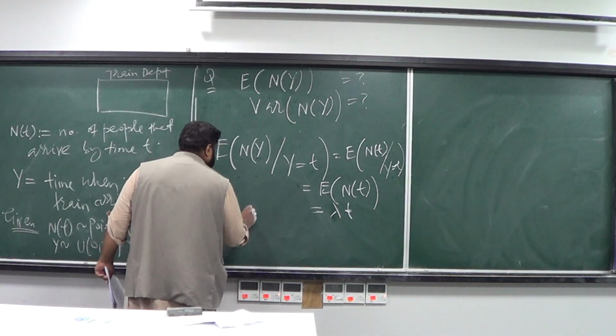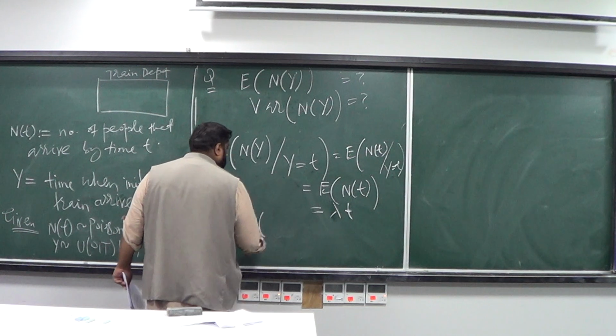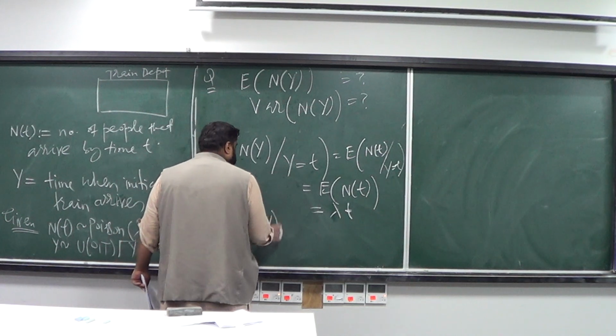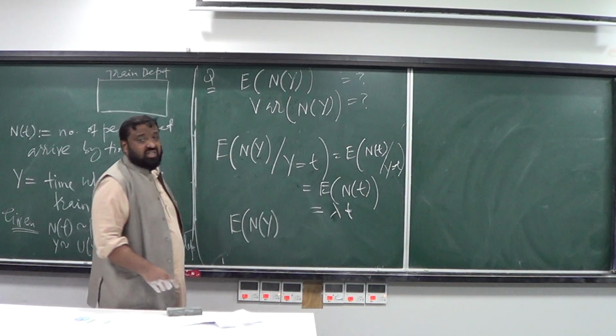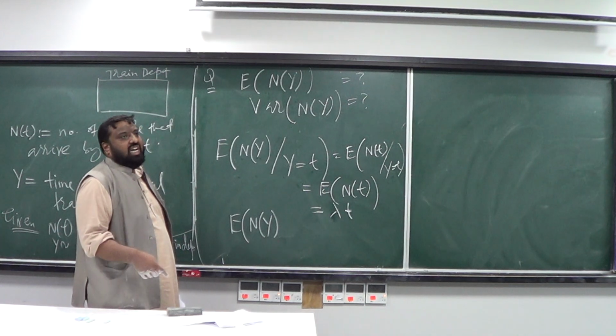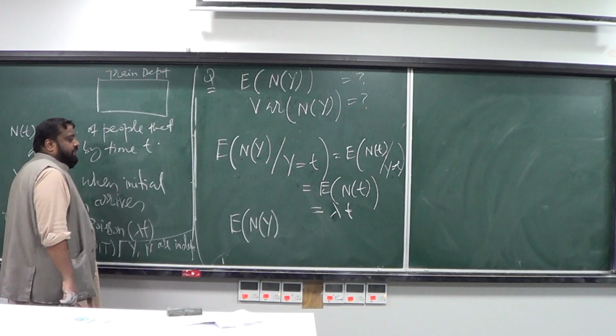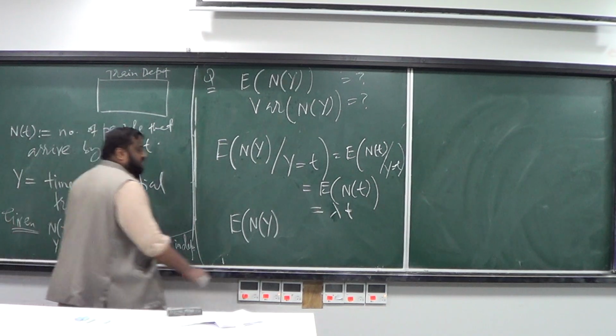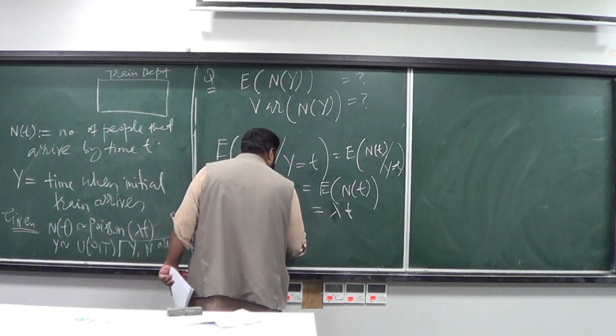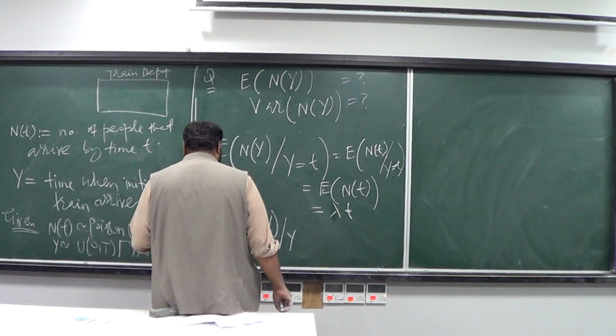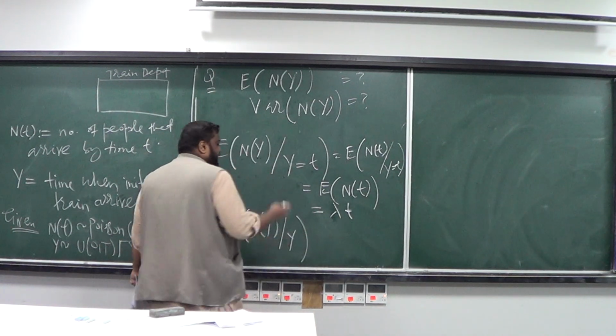So I can say that the expected number of people that arrive by the time Y, the time at which the train arrives, given Y, where Y is any time.